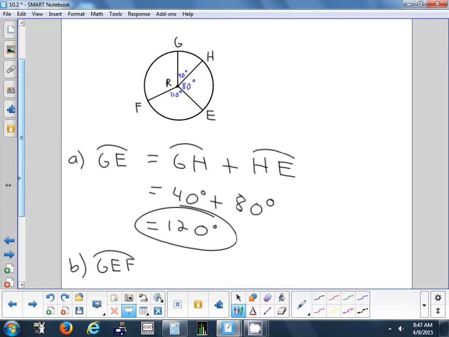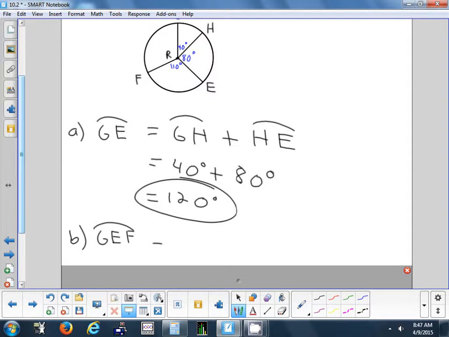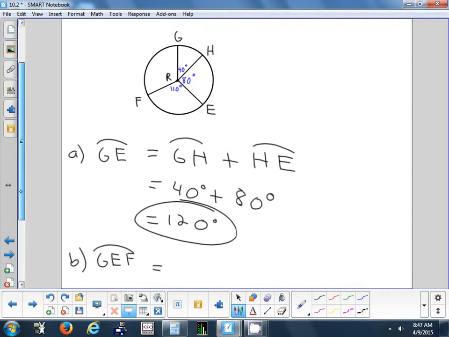Okay, arc GEF. How could you find arc GEF using part of what we just did? You could go back and do it from scratch, or you could use part of what we just had. What two arcs could you add together to get arc GEF?